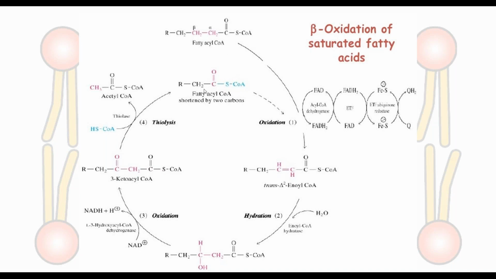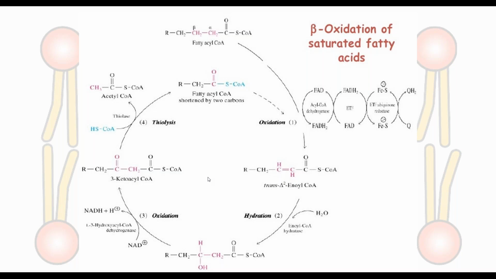The new fatty acid acyl CoA, which has 2 fewer carbon atoms, again undergoes the same process till the end. Only 2 carbon atoms are left, that is of acetyl CoA, which will also enter the TCA cycle.